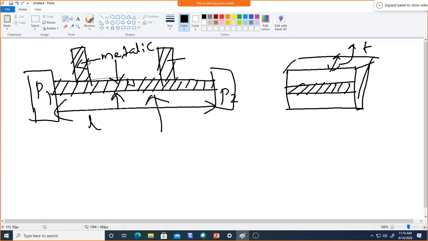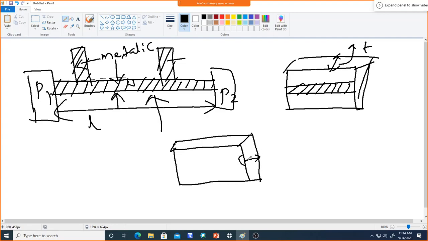So in the lumped circuit, what will you do? This is, say for example, a PCB. It will have some thickness, and you might have connected some resistors, inductors or capacitors like this.